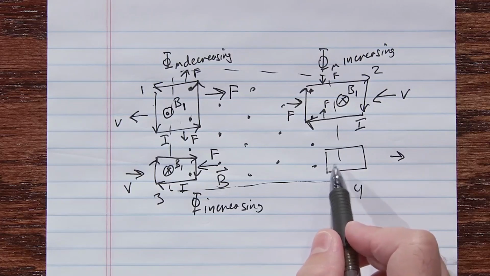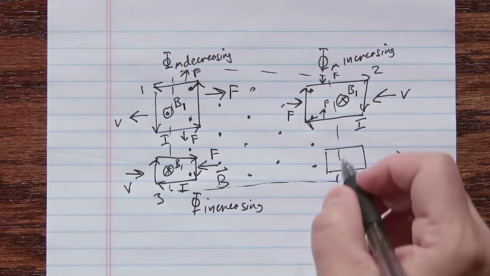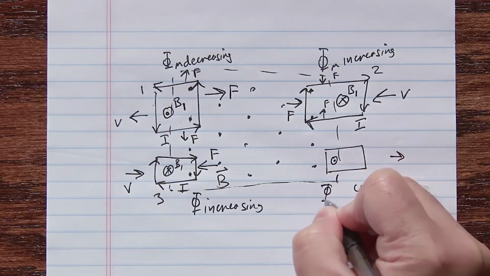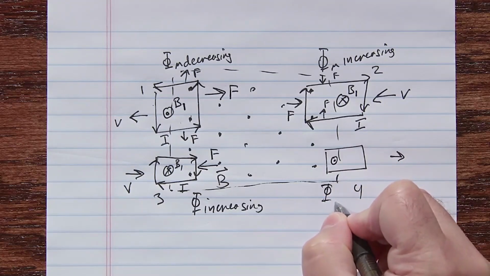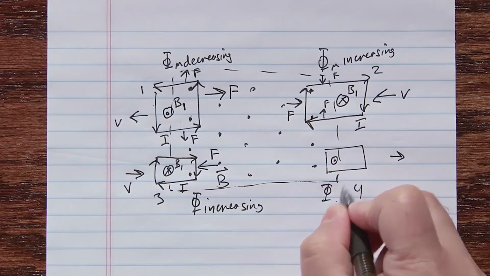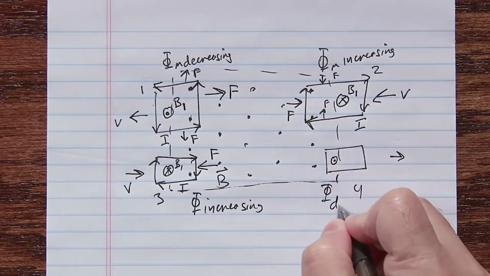Here, the loop is in the magnetic field and we're trying to pull it out. So the magnetic field is like that. The magnetic flux is upwards, and it is decreasing as we pull the loop out, phi decreasing.